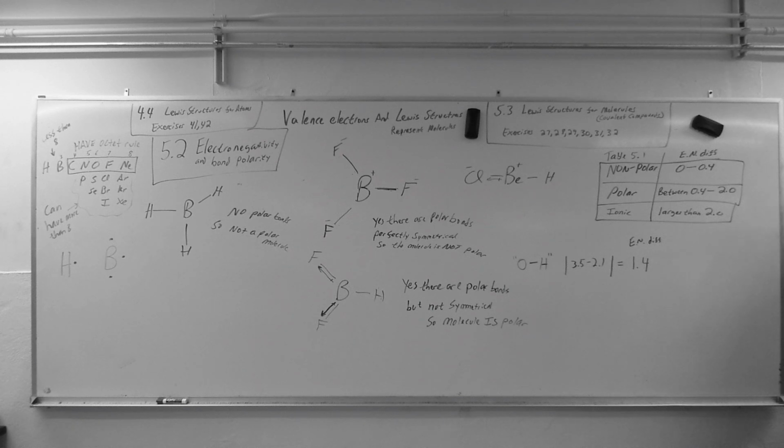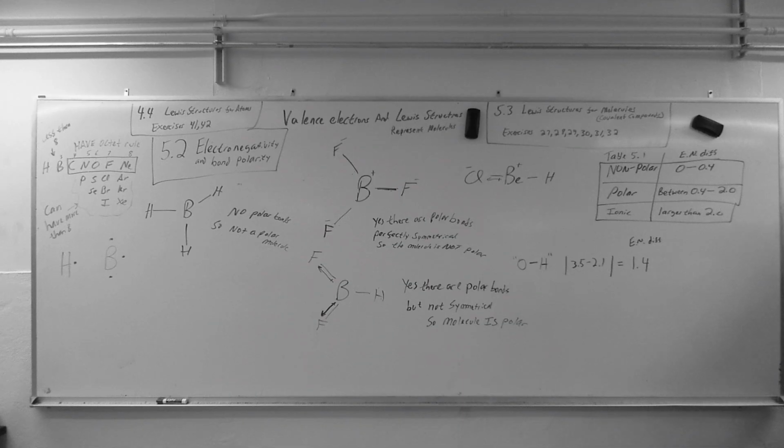But the questions will be like, I'll give you the whole Lewis structure and I'll say, do you see any polar bonds? And then you have to do the electronegativity difference and use this rule, and find if there are any polar bonds. So calculating electronegativity differences and then deciding whether the overall molecule is polar is another question I can ask.